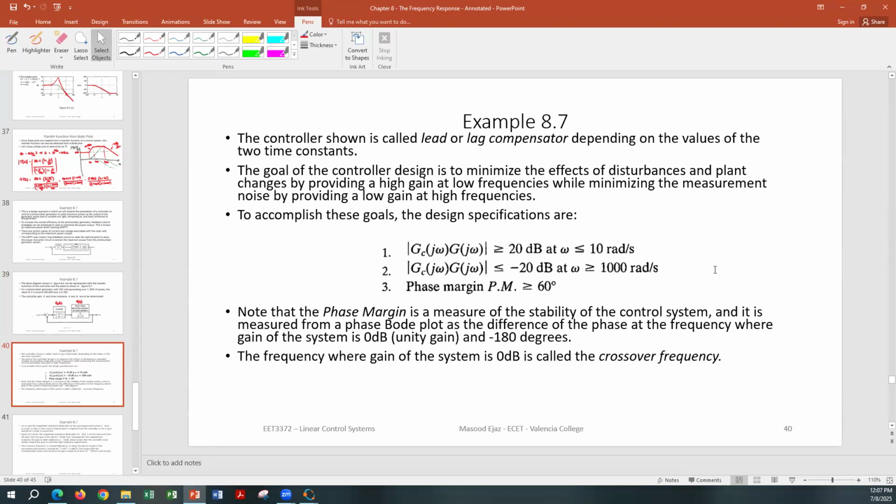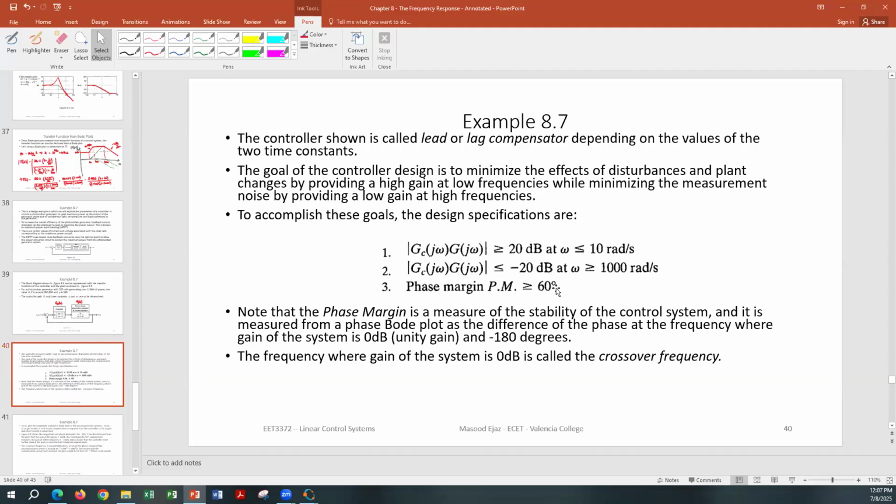That's one of our goals. And again, this is to minimize the effect of disturbance. Or sorry, to provide high gain at low frequencies. And GC and G has to be less than or equal to negative 20 decibel, so attenuation of negative 20 decibel or less for high frequencies to reduce the effect of the measurement noise.